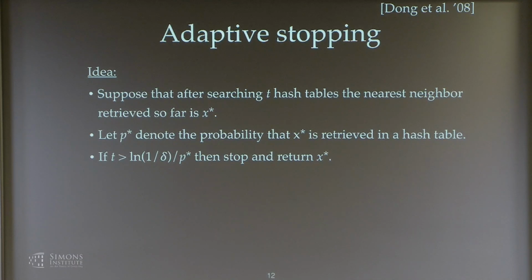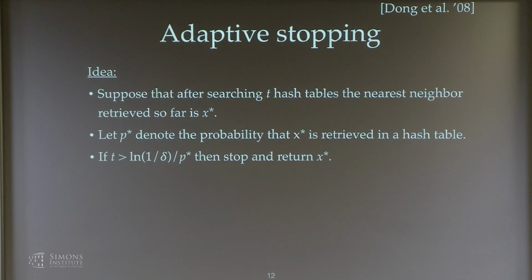Okay, so suppose that we are searching one of these hash tables, for example, using multiprobe LSH. So we are searching one hash table after the other. Suppose we have searched t hash tables, and the nearest point we saw so far is x star. Okay. So we would like to know if we can stop. Is it likely that x star is actually already the nearest neighbor.